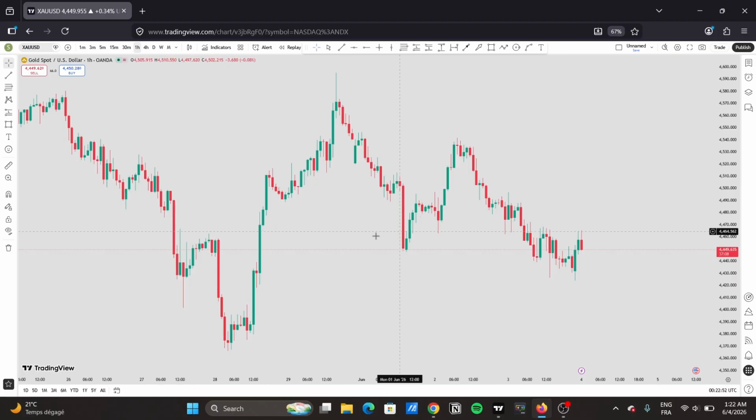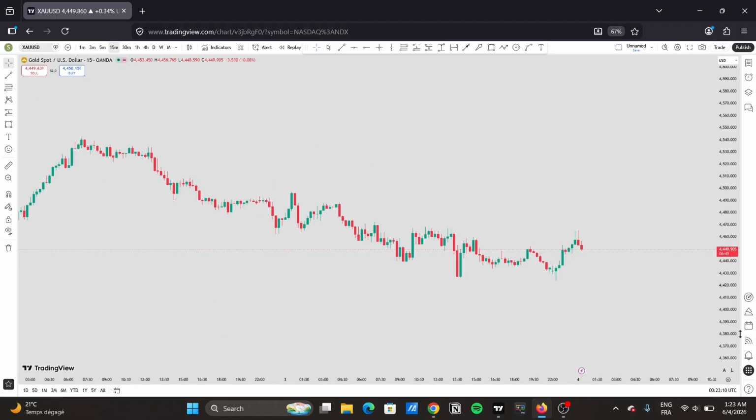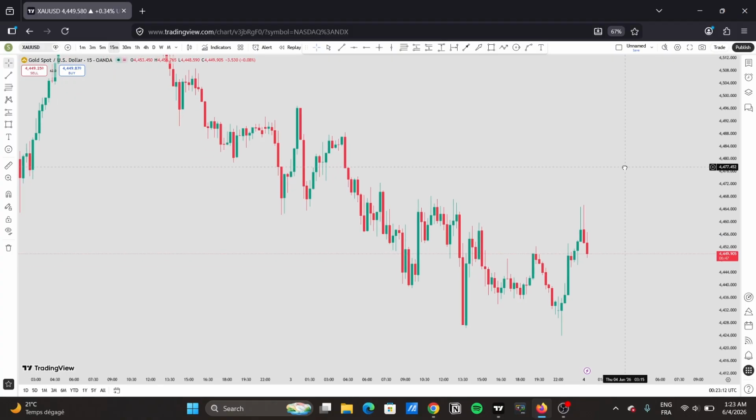So we can see here that there are these forms that are printing one after another, like each minute or each 5 minutes or each 1 hour, depending on the time interval or the time frame. Here, for example, we have the 15-minute chart. What do we mean by the 15-minute chart?